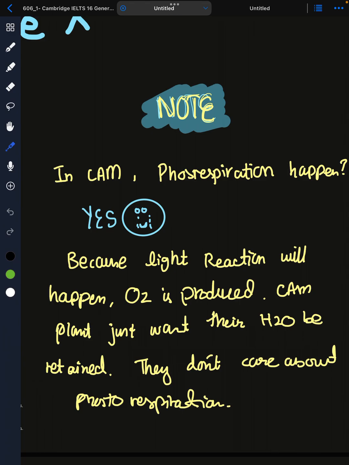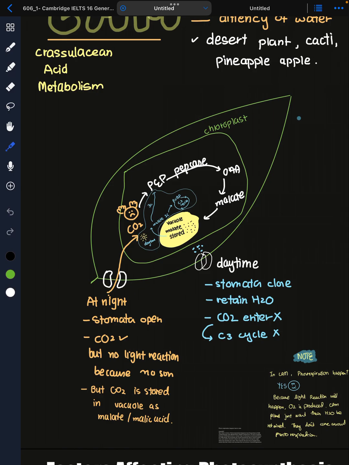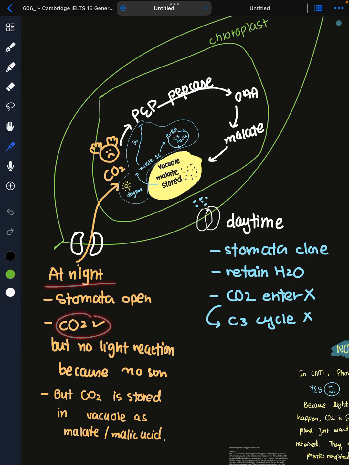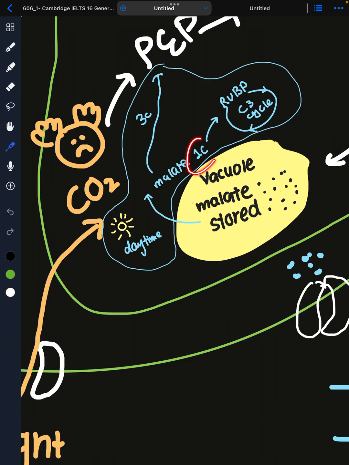So, making it simple and giving you an overview of CAM plants: at night they take carbon dioxide in and store it in the form of malate or malic acid in their vacuole. During the daytime, because the sun is present, the malate is released and decarboxylation happens.